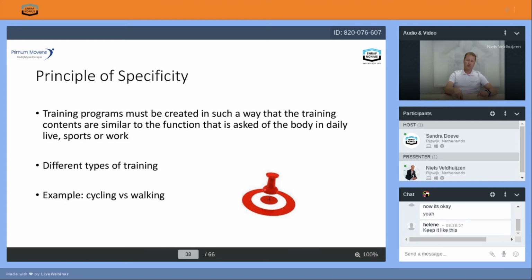So your biking will improve only a small part. This is often forgotten in rehabilitation. We, as professionals, often think that we know what's best for the patients. Well, I think it's even better to ask the patient, and to get a good view on how they use their body and what they will need in their daily life. And you should, as a physiotherapist, professionally make a training program focused on that goal.